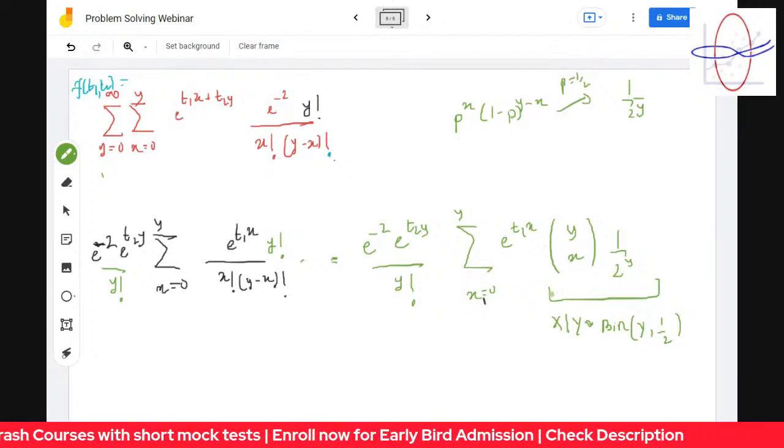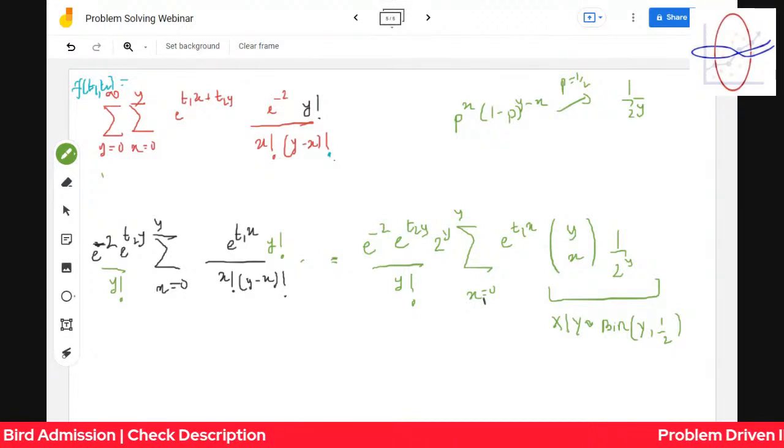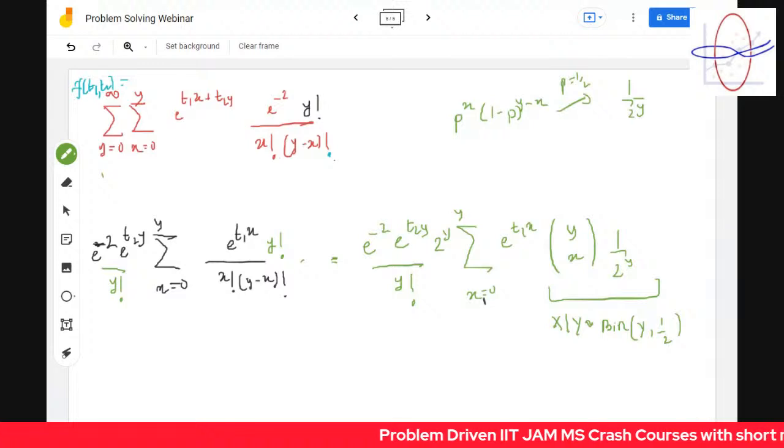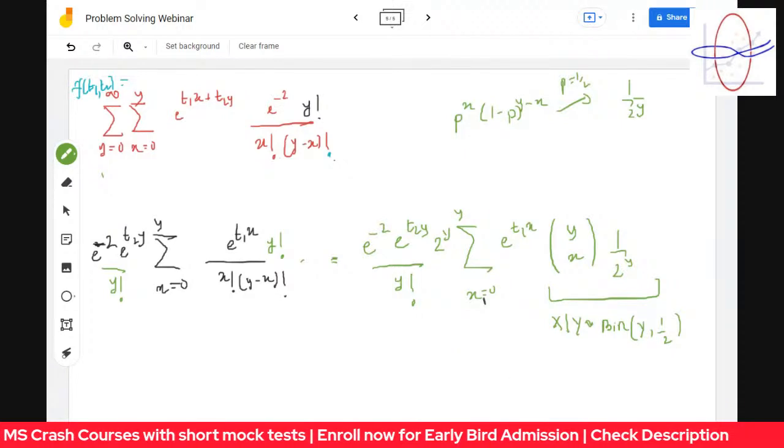So that's a good idea. You have to multiply by 2 to the power y. This is the idea you should think of. The only strategy is to connect it to known random variables. That is the only way out. That's what they want, whether you can recognize known random variables out of this or not. That's the only thing they are trying to exploit out of your mind.